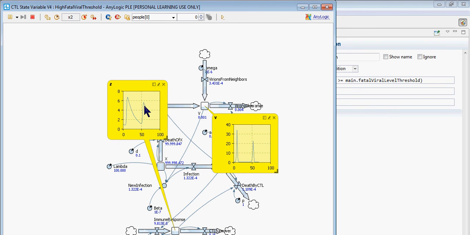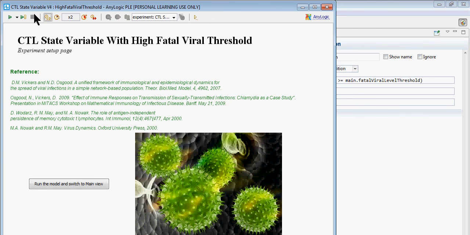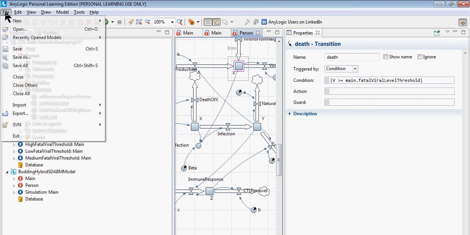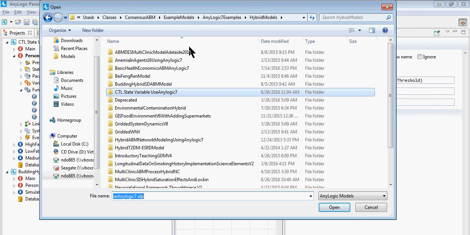So, ladies and gentlemen, the redness depicts their level of viral load. The width of the circle depicts the level of CTL activation, the level of immune strength.